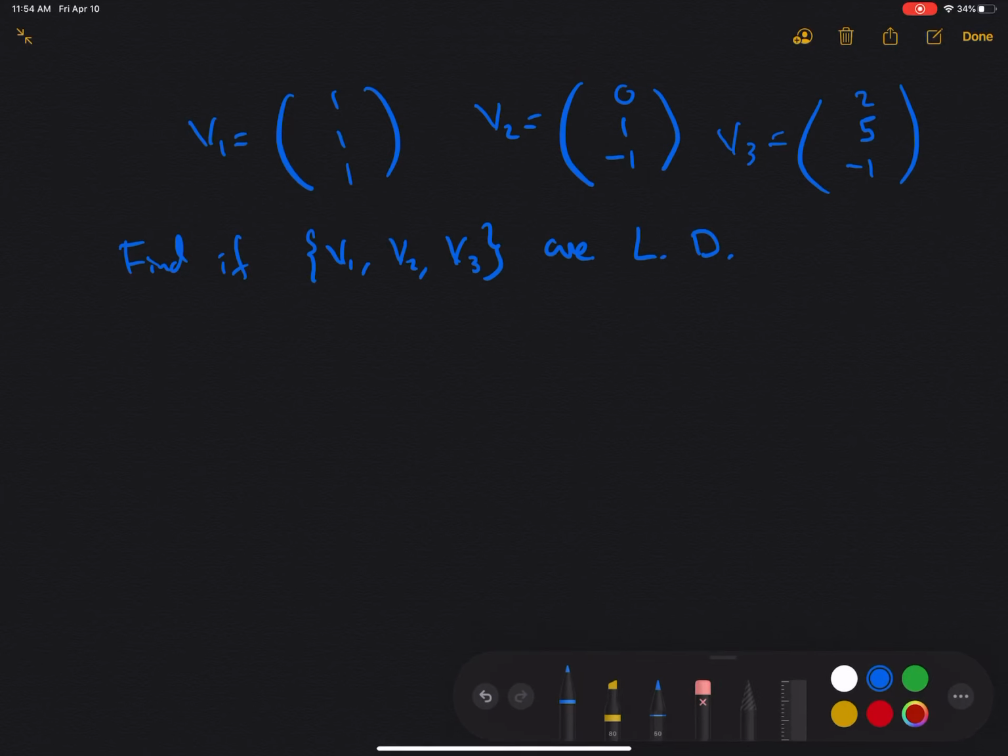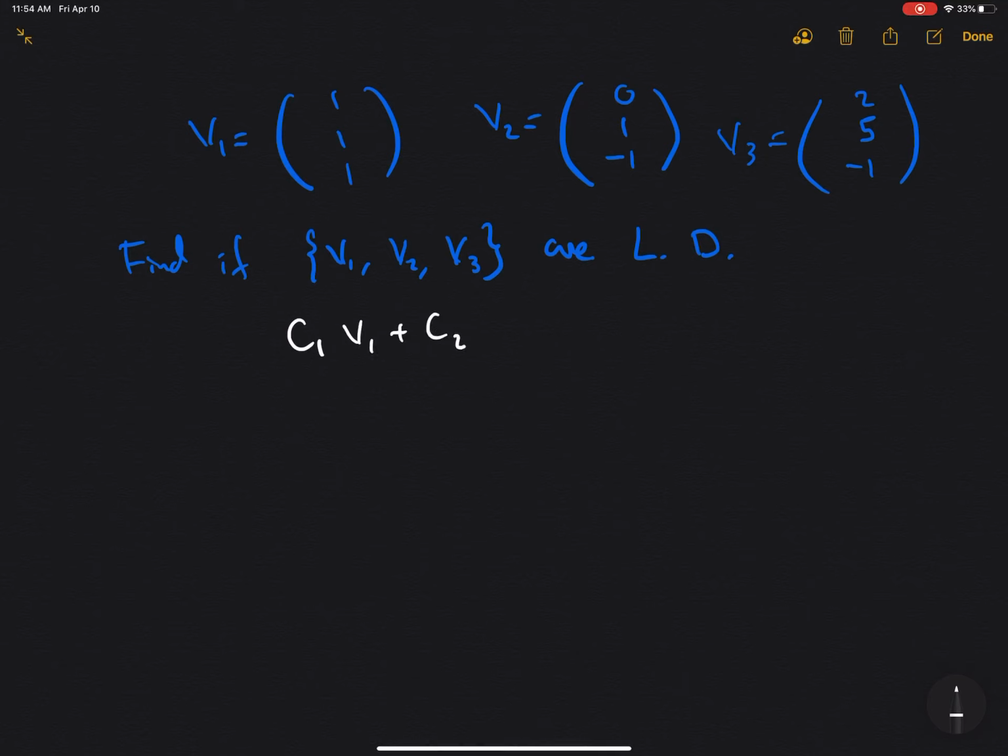In order to do this, really what we're trying to look for is if there is a secular equation like this, which has non-trivial solutions. If this has non-trivial solutions, that means that the set of vectors are linearly dependent. But if there is only a trivial solution, that means that they're linearly independent.